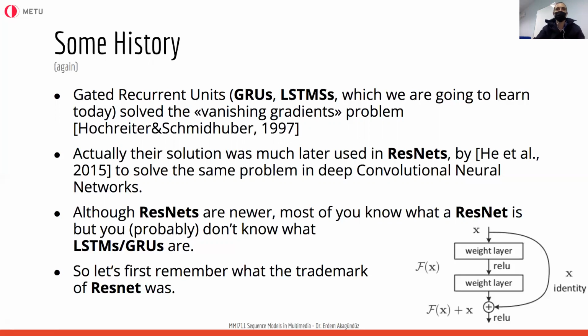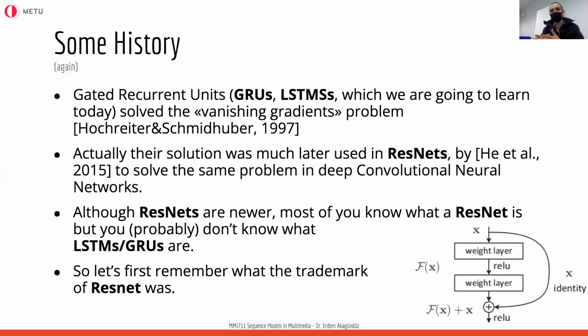And there's this funny thing I always say. Traditionally, most of the people who are into deep learning first learn convolutional neural networks, and they first learn residual neural networks. Residual neural networks were proposed in 2015, and they were inspired by LSTM, which was proposed in 1996. So it is like 20 years before that.